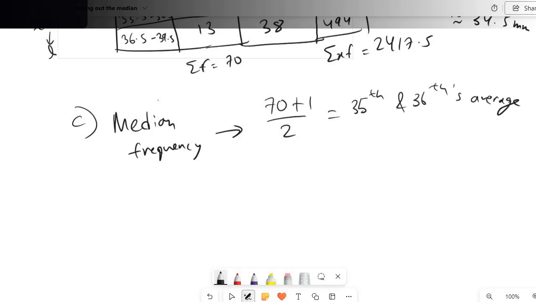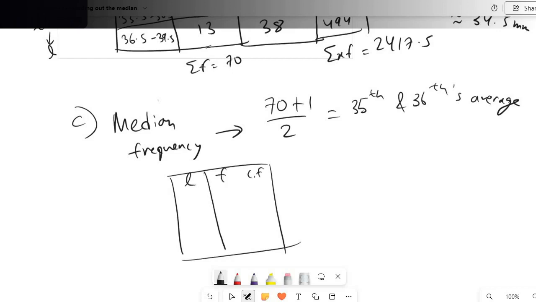To find the median, we have to compute the values of the cumulative frequency, just like we did in our previous video. So this is going to be L, this is going to be F, and this is going to be the cumulative frequency or CF. Here I'm just using the not corrected one because it is going to be the same.